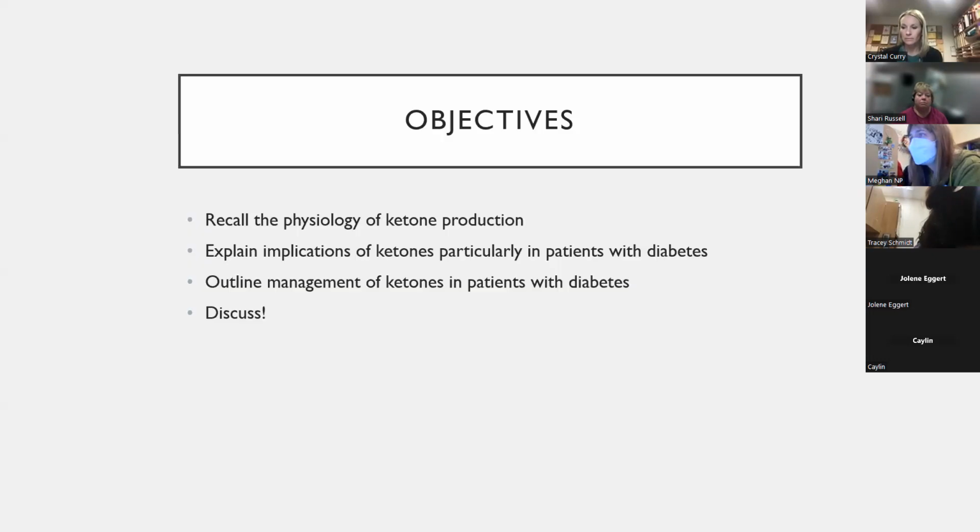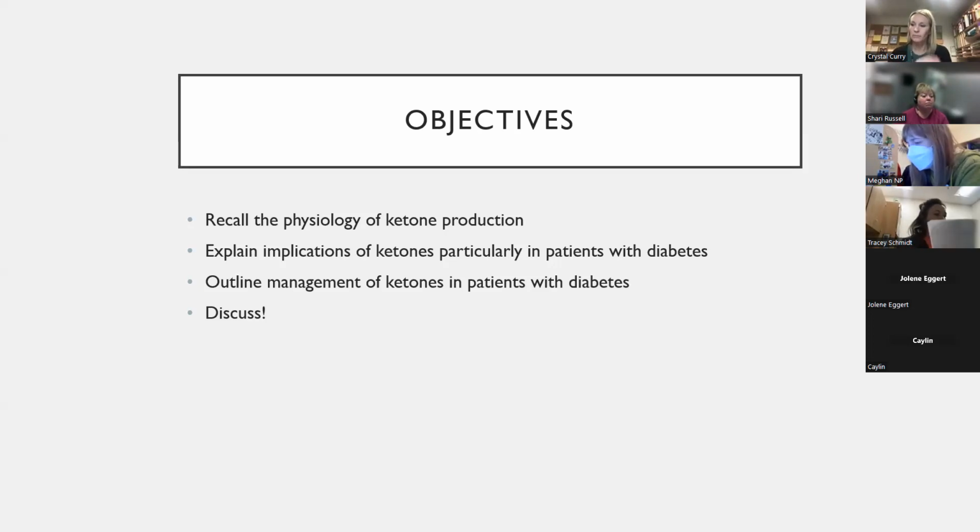So what I wanted to cover today was to briefly go over the physiology of ketone production. I'm a big proponent of understanding what's happening, so you can understand where to intervene. I also want to explain the implications of ketones, particularly in patients with diabetes, since everybody can build up ketones in the right context, in the right situation.